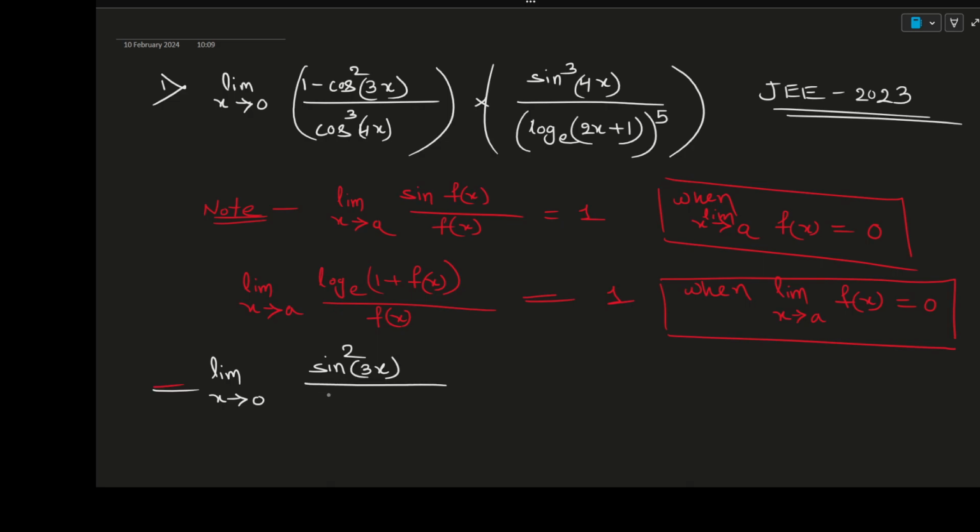In our question, 3x is given in place of theta, so I replaced 3x as theta. Later I'll write cos cube 4x. It is already in sine form.